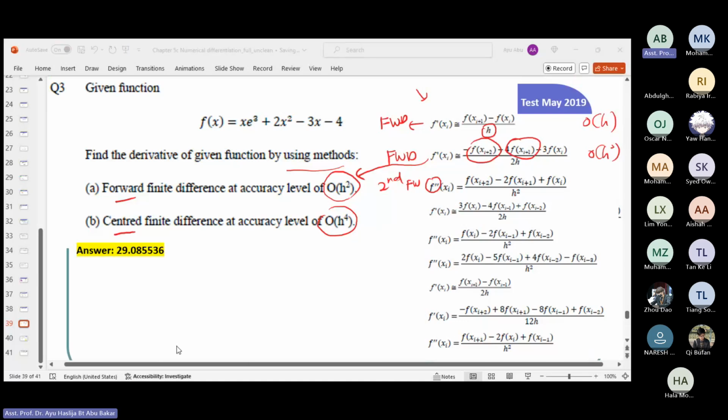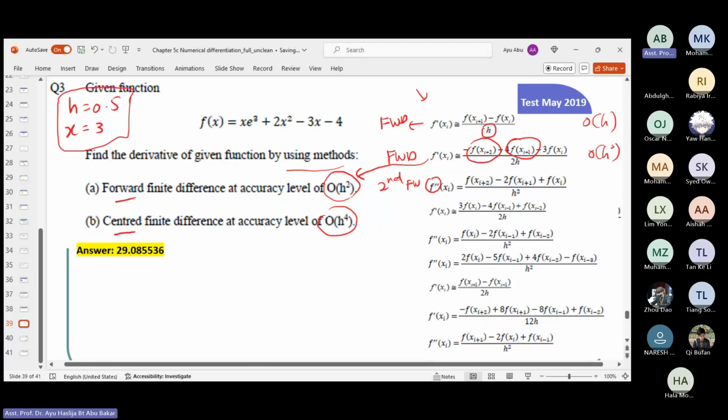What's the h? h is 0.5, x equals 3. If this info is not given, please ask.